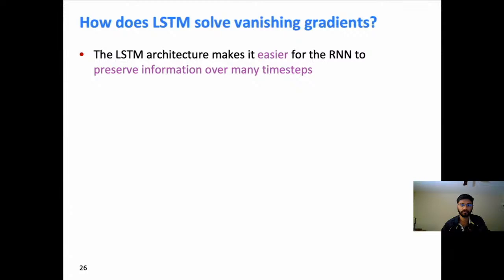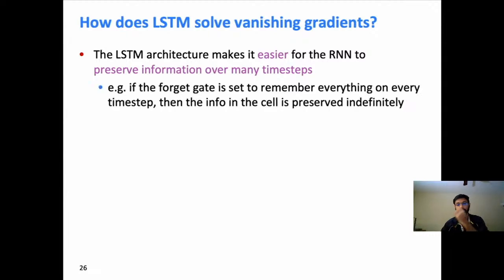So you could see that the LSTM architecture actually makes it easier for RNNs to preserve information over many time steps. So while it was kind of difficult for the vanilla RNN to preserve the information over all of the hidden states, there's actually a fairly easy strategy that makes it simple for the LSTM to preserve the information. So namely, if the forget gate is set to remember everything on every step, that's a fairly simple strategy that will ensure that the information in the cell is going to be preserved indefinitely over many time steps.